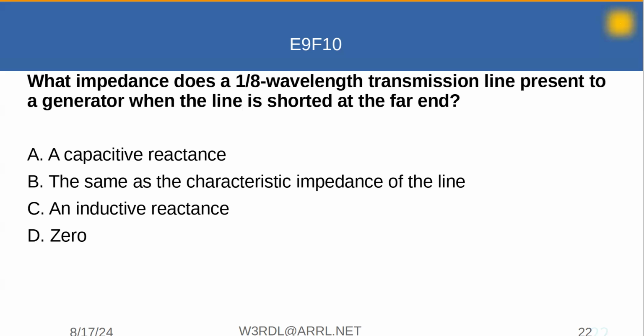Well, because it's only an eighth of a wavelength, if it's shorted on one end, instead of being infinite, it's going to be something less than that. The question is, is it going to be inductive or capacitive? Because you're going to have a phase shift.